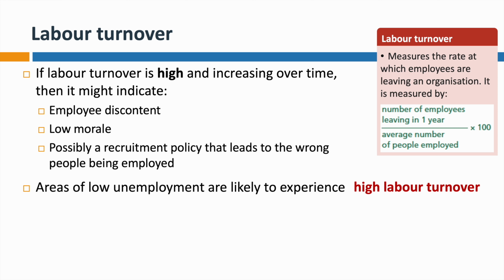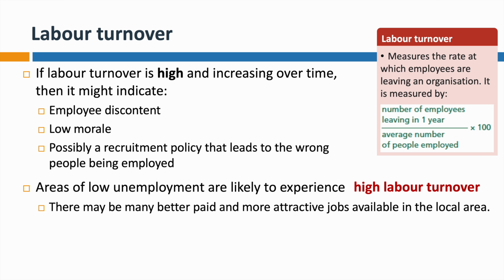Unemployment means what? That people are not employed, and low unemployment is generally good for us. Then why, in some regions of low unemployment, do we experience high labor turnover?